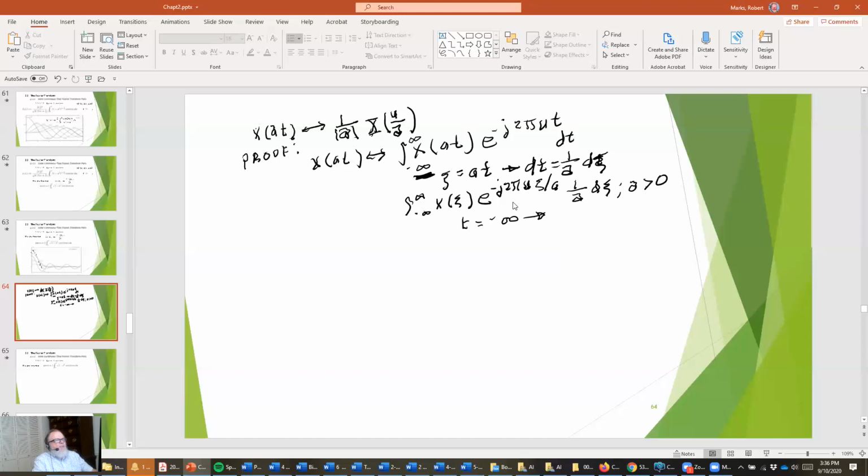If t is equal to minus infinity, then c is equal to minus infinity only if a is greater than 0. The same thing with infinity: t equal to infinity implies that the variable is equal to infinity if a is greater than 0.